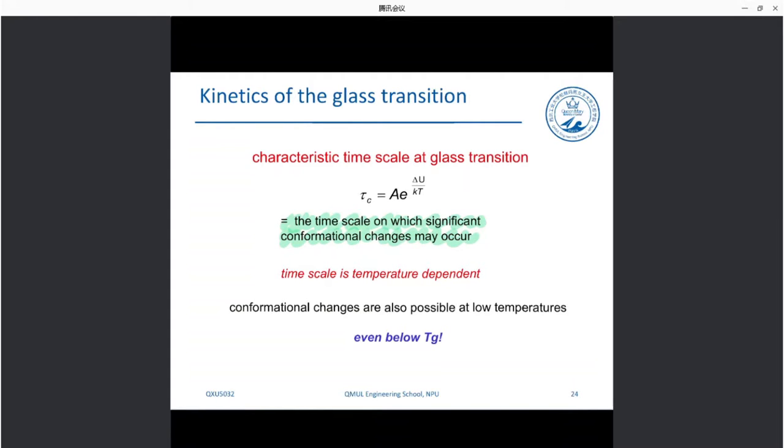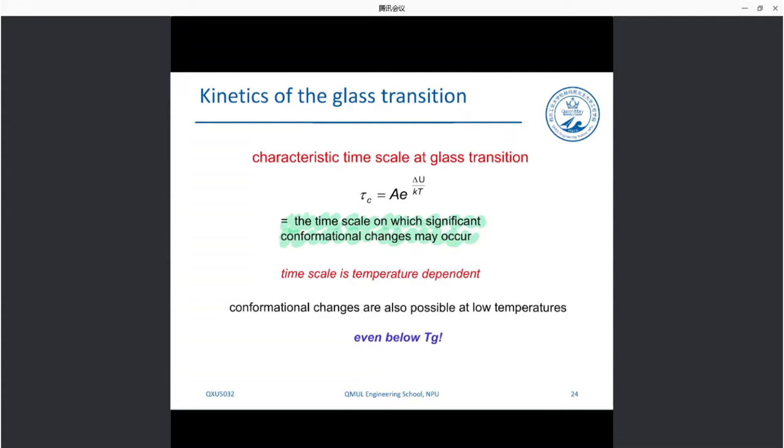And obviously, if we have significant conformational changes in the macromolecular chain of a polymer, we have the passing of a polymer from its glassy state to the rubbery state.